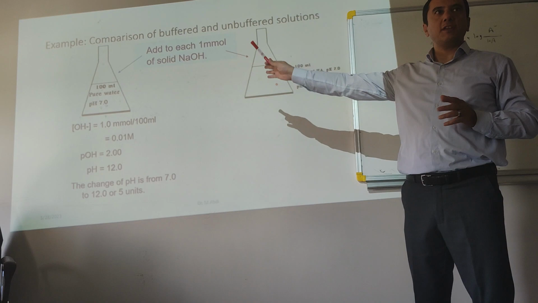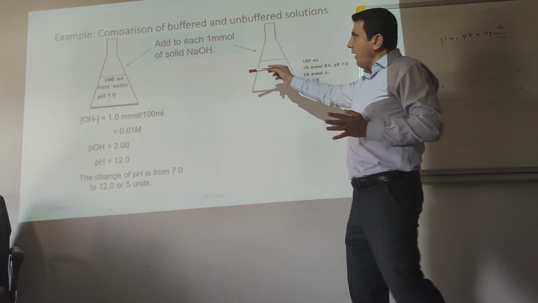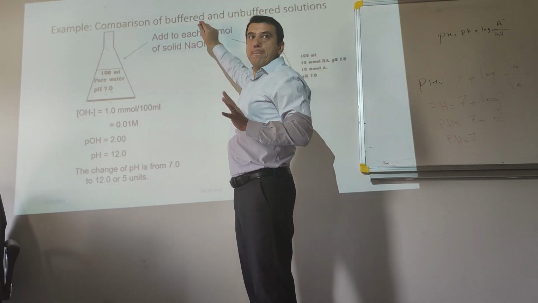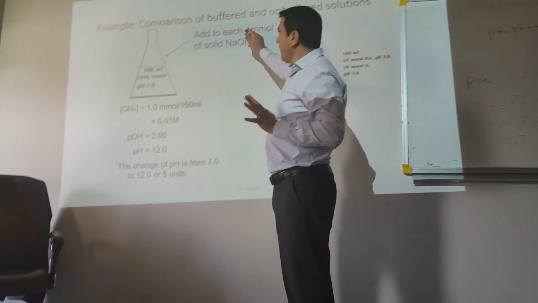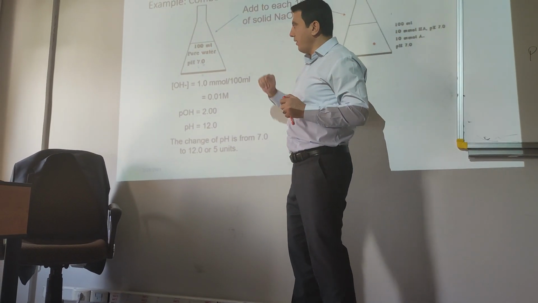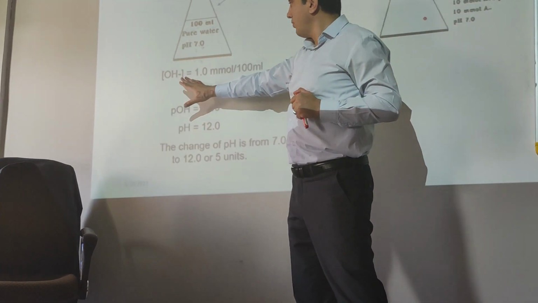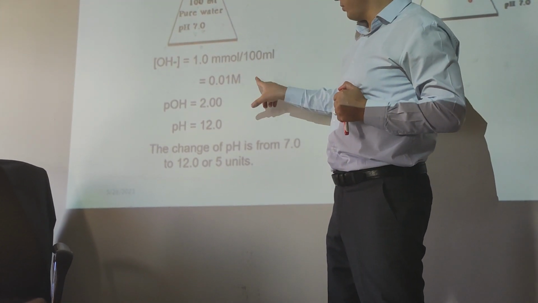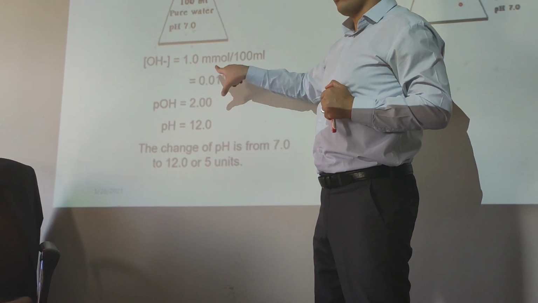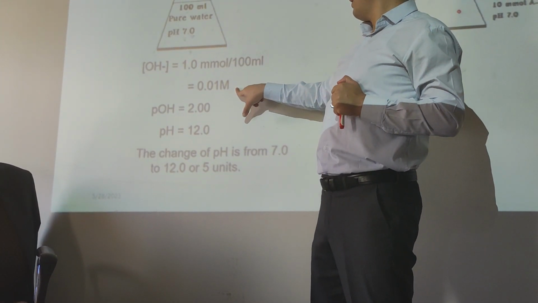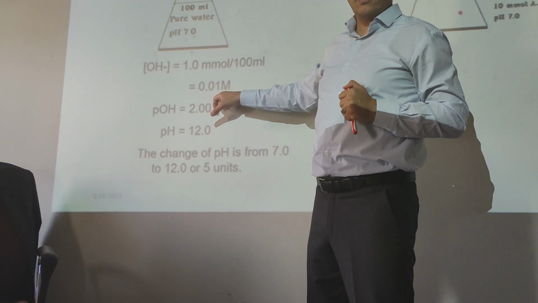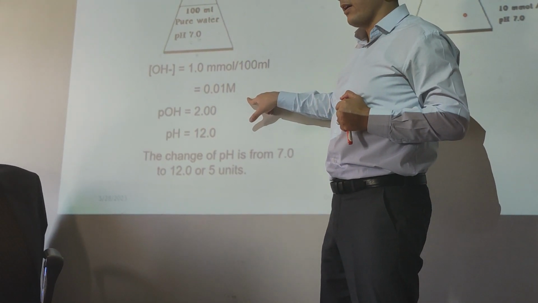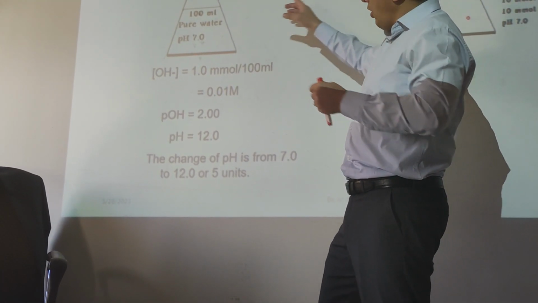Let's see what happened for the first bottle. If we add 1 millimole of NaOH, this amount is equal to 0.001 mole per liter of NaOH.